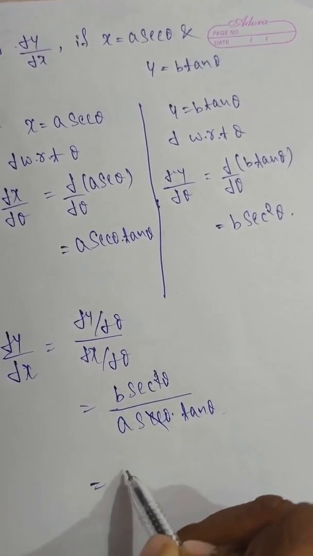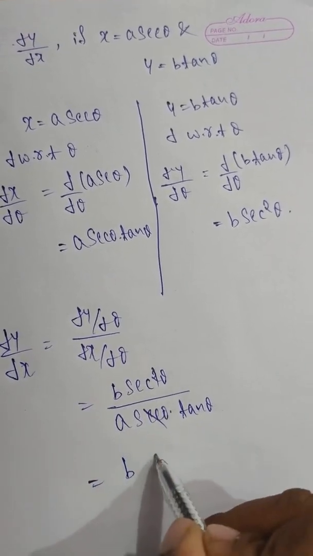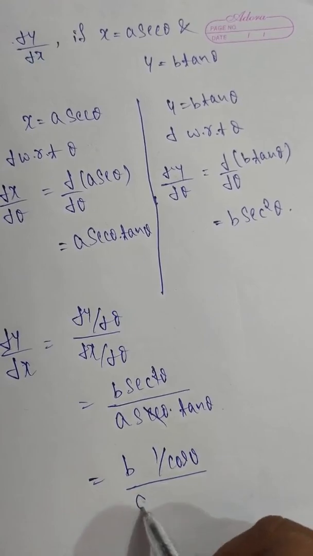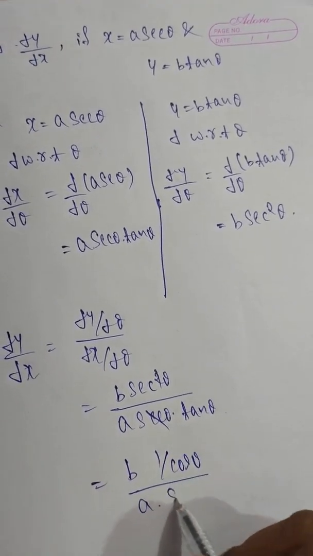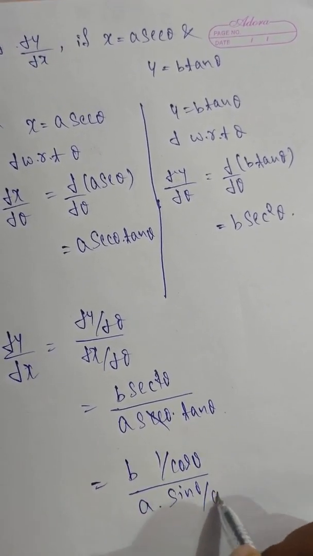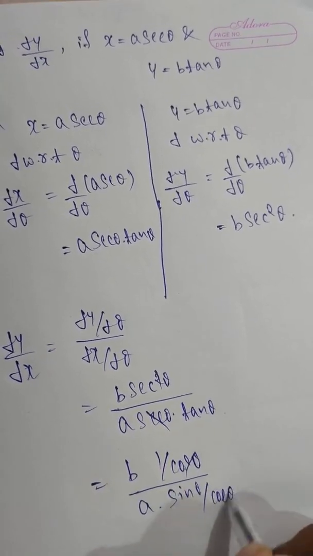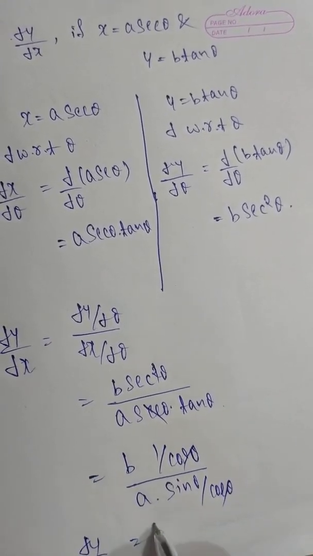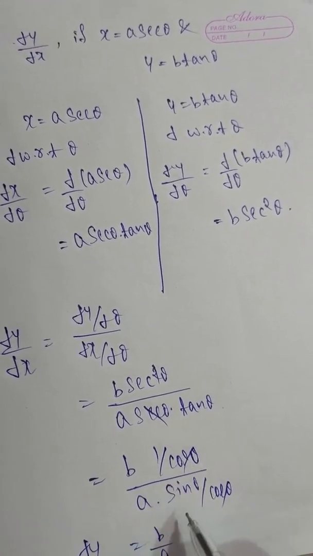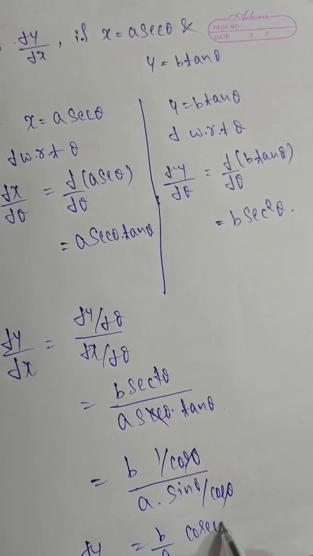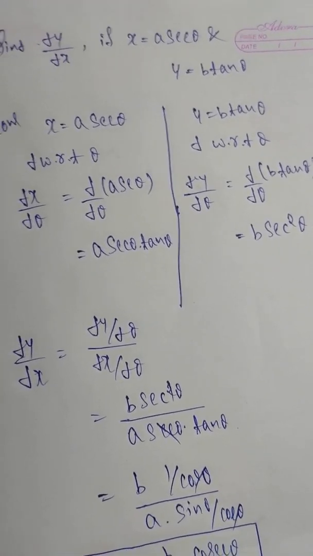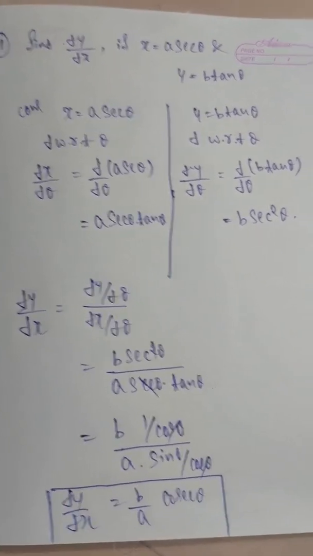Now b into secant theta, which is 1 by cos theta, divided by a into tan theta, which is sin theta by cos theta. Cos theta cancels. Here dy by dx is equal to b by a into 1 by sin theta, which is cosecant theta. So this is the answer. Very easy problem.